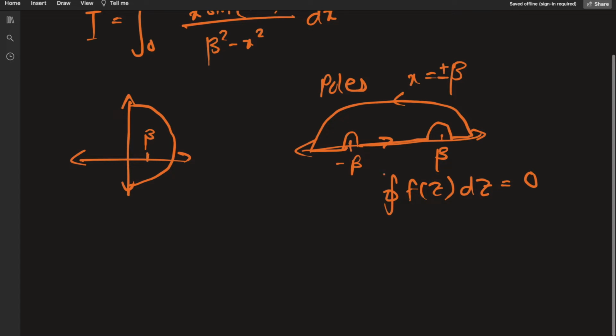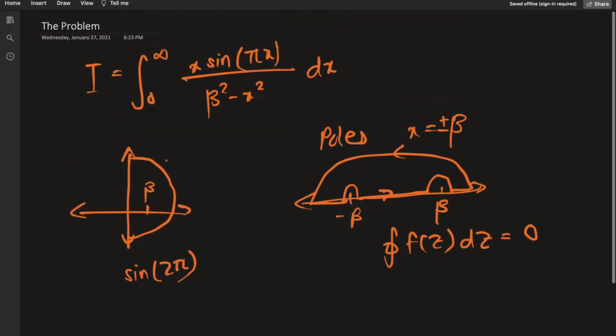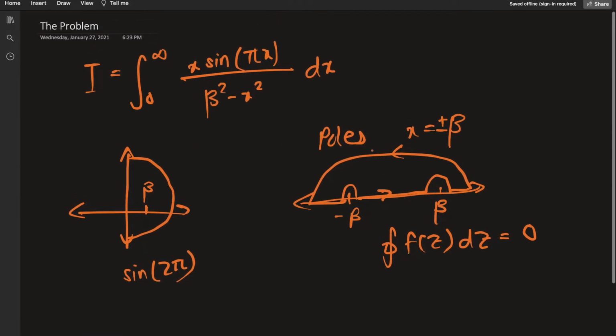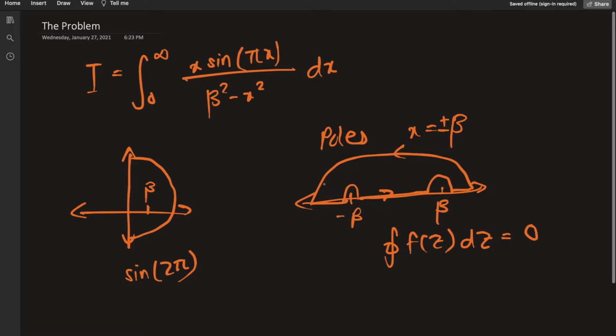But the catch is, if you use this kind of contour with some pole inside, again it goes to 0, because there was a sine. The sine of 2 pi would have given you 0. So using this contour is going to give us some trivial answer, which is not what we expect, because of what Wolfram Alpha yields.